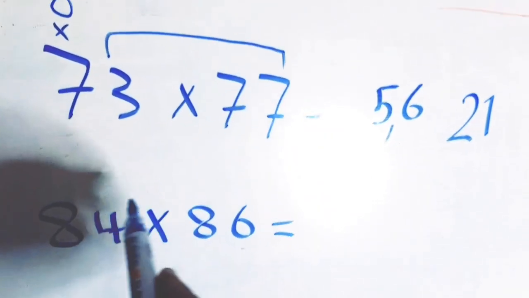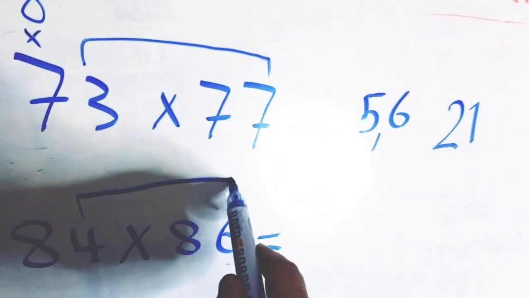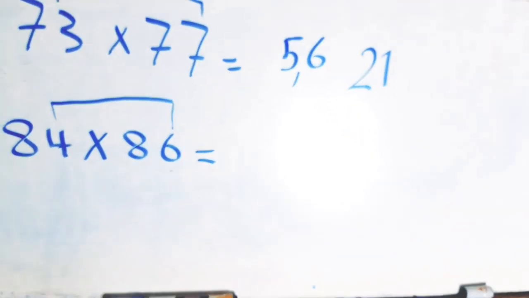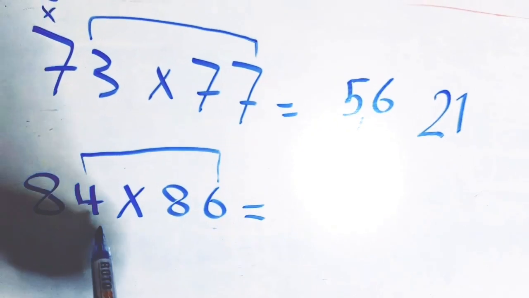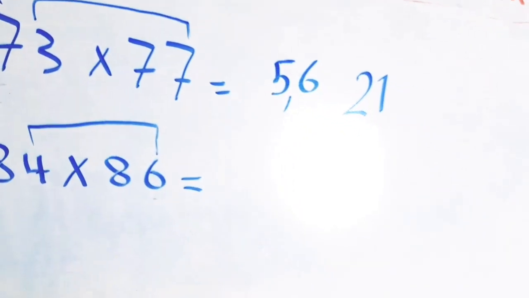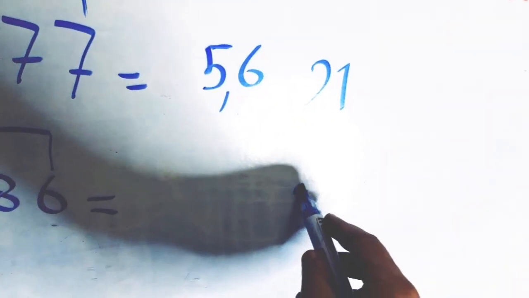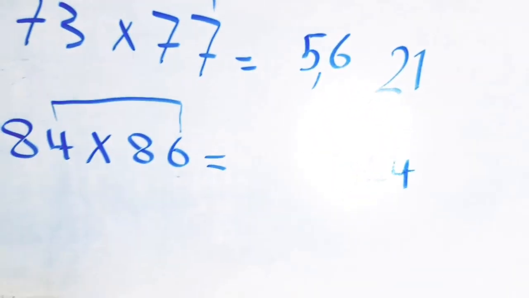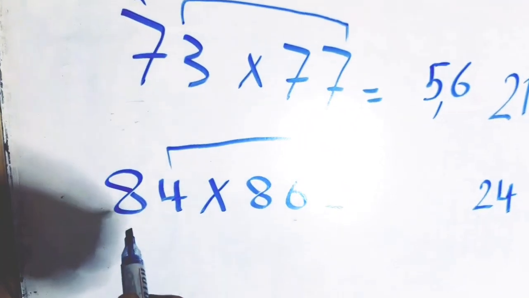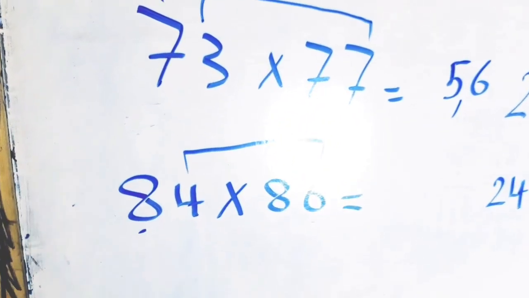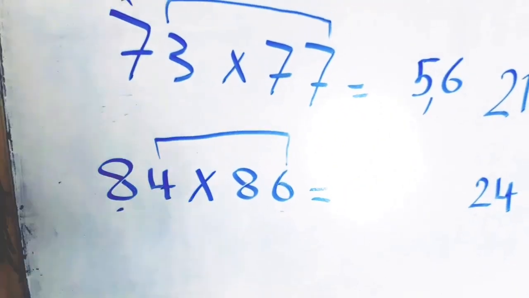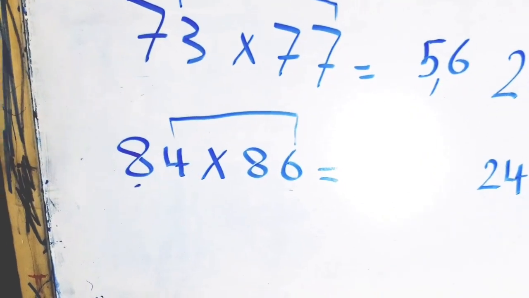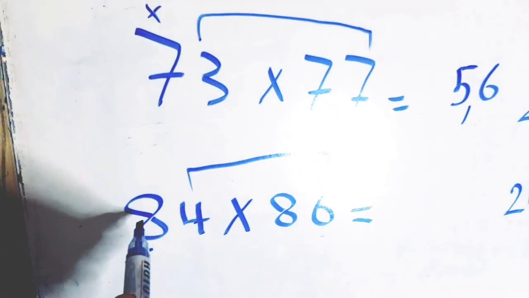In this way, we multiply the units digits by themselves. We multiply 4 by 6, 24. After that, we look at the tens digit. We have here 8. We look at the number which comes after 8.